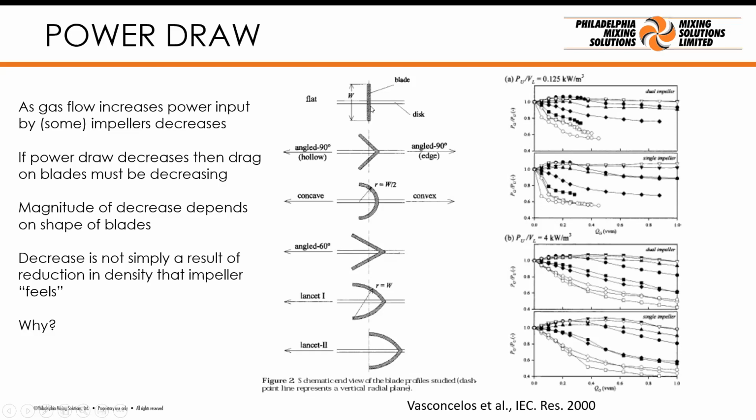The flat blade is the Rushton turbine, and these researchers looked at different shapes of blades. This is the Smith turbine if it's moving in the right to left direction. They looked at angled blades, and then parabolic blades. As we turn the gas on, the power drops for some impellers, and we'll talk about why that happens in a second.